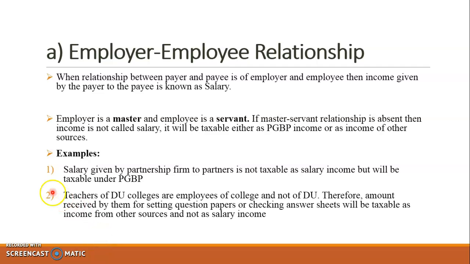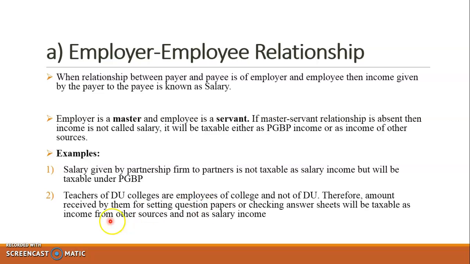Next example: teachers of DU colleges are employees of the colleges and not of DU. If we are employees, we are the employees of our respective college. For example, I am an employee of Shri Venkateswara College, I am not an employee of Delhi University.